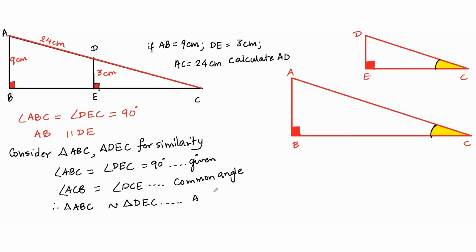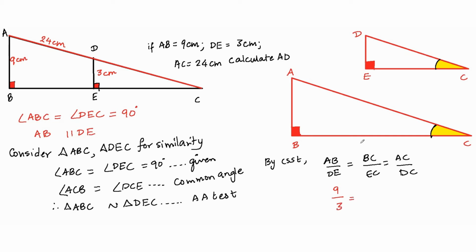of the AA test. And because of CSST, so by CSST, I can therefore say that AB divided by DE is equal to BC divided by EC, which is equal to AC divided by DC. Now let's mark those parts which are equal to each other. So AB is 9 and DE is 3.